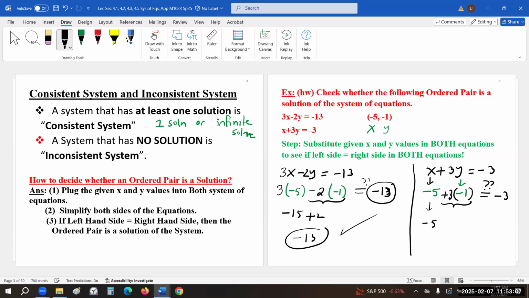And what is 3 times negative 1? Negative 3. And what is negative 5 minus 3? Negative 8. Do we have the same number? No. So see, one equation gives us the right result, the other equation did not. So it's not a solution.